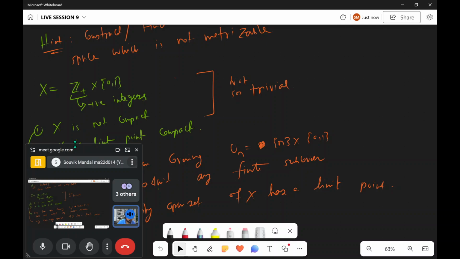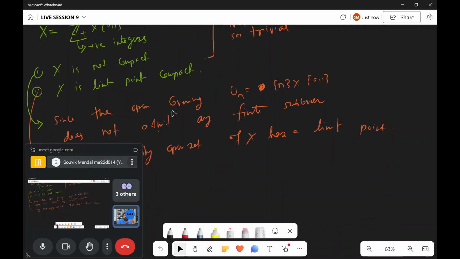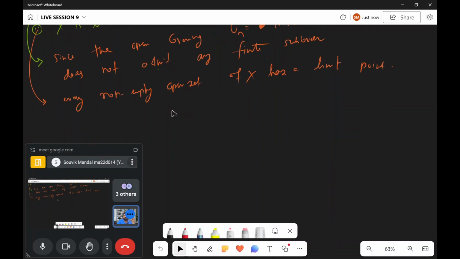The first argument is that X is not compact since the open covering U_n equal to {n} cross {0, 1} does not admit any finite subcover. Secondly, every non-empty open set of X has a limit point. So these two are the argument.